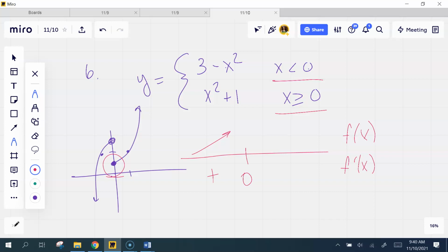Yeah, it's positive. If you plug in a negative into -2x, a negative times a negative is always positive. So it's always going to be positive on this side of the 0. And for this one, if I plug in a positive, it's always positive also.